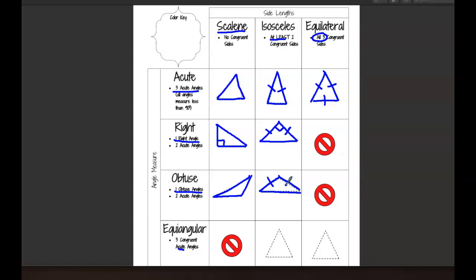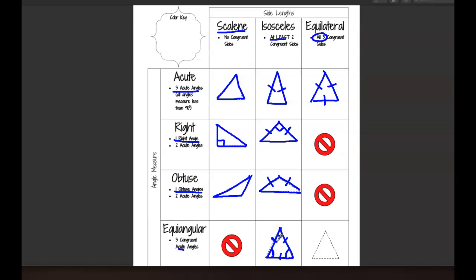You cannot have an equiangular triangle, which means all three angles are the same, and have all three sides be different. It's not possible. But for isosceles and equiangular, all three of these angles are congruent. And then actually on this one, all three of the sides are congruent as well.